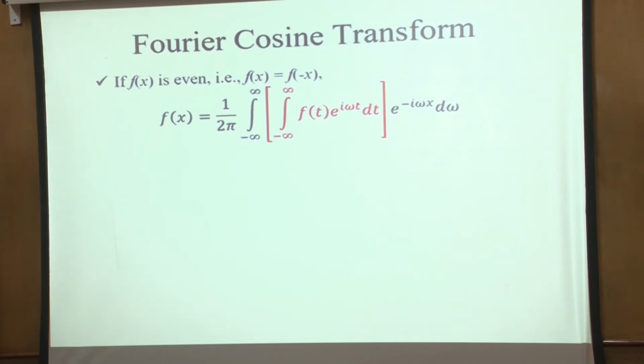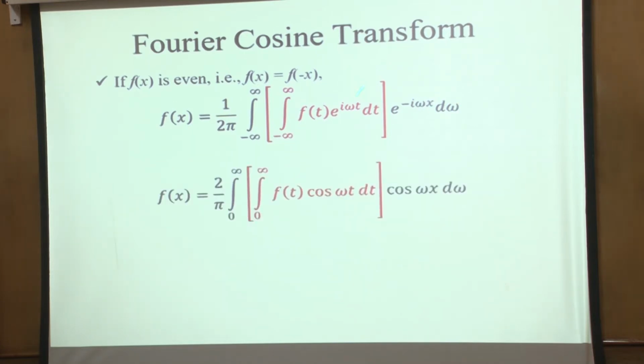Right? Same thing with this integral also. So the resulting: one 2 comes from here, another 2 comes from this integral. So 4 by 2 is 2, 2 by pi. This is the Fourier cosine transform.